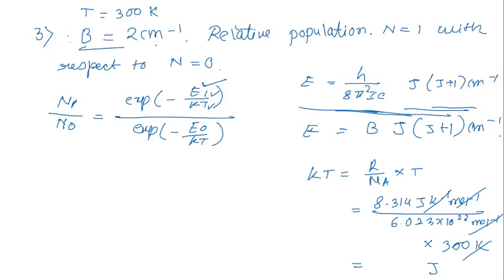As the B is given in the centimeter inverse, I am just writing this formula which is in centimeter inverse, but we have to transfer the E in the joule, otherwise these two things will not cancel out. So what the things we have to do? We have to multiply. Let me write.